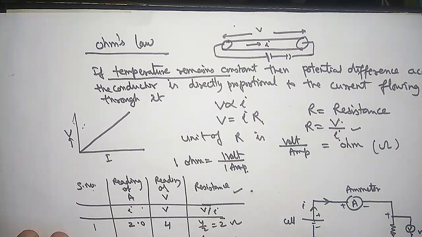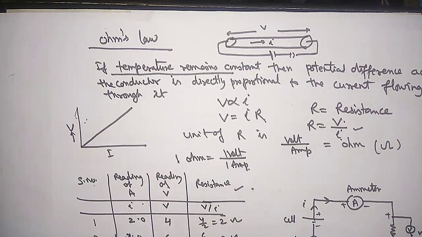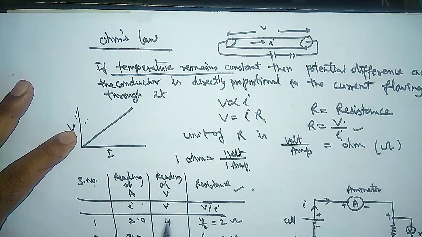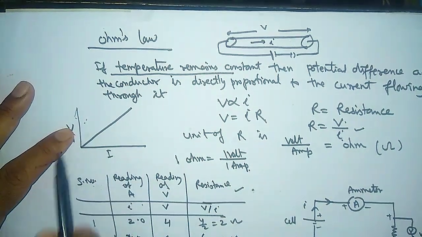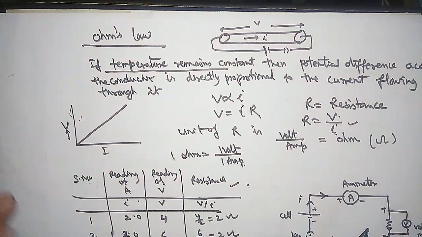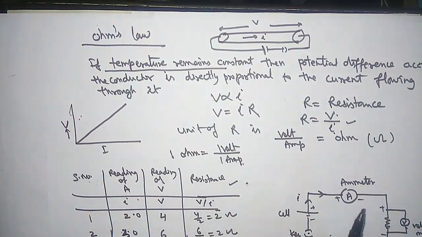So this is the experimental verification of Ohm's law. If we plot a graph between V and I, we'll find a straight line graph which verifies that Ohm's law is true, that is, V is always directly proportional to I.